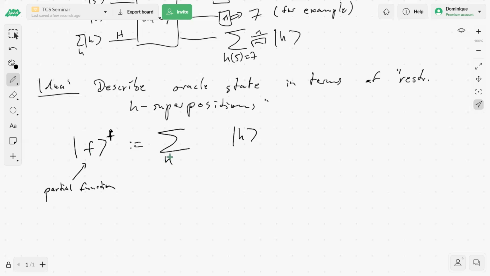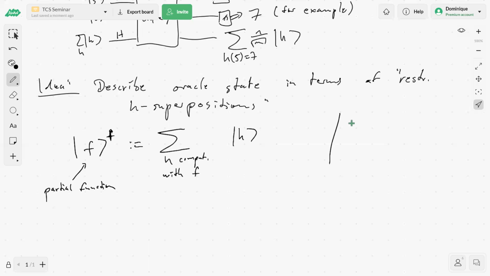So we take the superposition of all values h that are compatible with f. By compatible, I mean that if f is defined on a certain x, then h of x equals f of x.